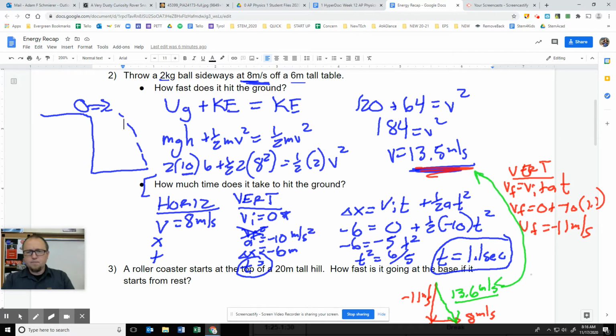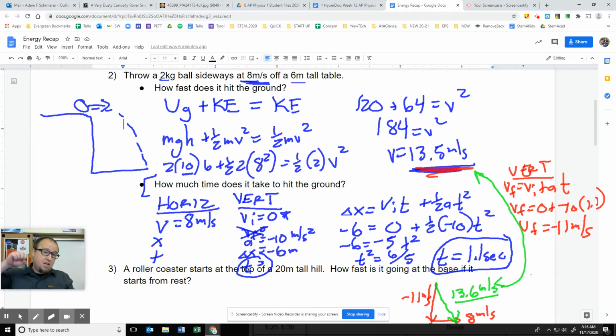Okay, so we do get the right answer, but when we break it up into horizontal and vertical, the number we get for v final is not the overall v final, because it's going sideways and vertically. So that might have been overkill, but solving for time, that's a question that we get.